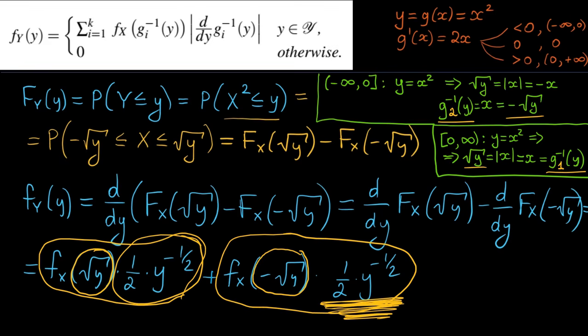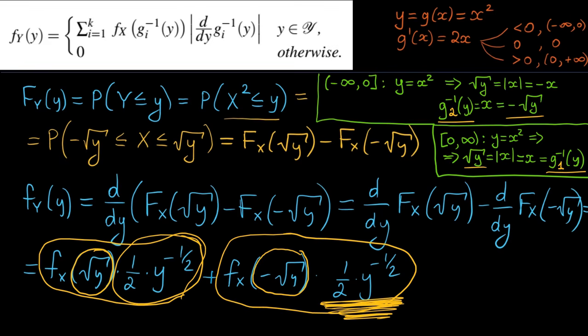Partition the support of the random variable x into pieces such that the function g of x is strictly monotone on each piece. So we would have partitioned it the way we have, into two pieces, from minus infinity to 0 and from 0 to positive infinity. And then apply the formula, which will involve finding the inverse of the function g of x on each of these pieces, and the rest is just plugging into the formula.